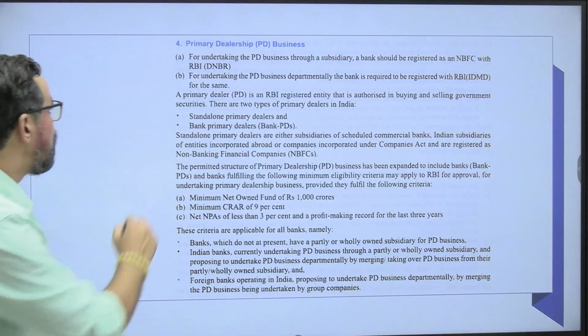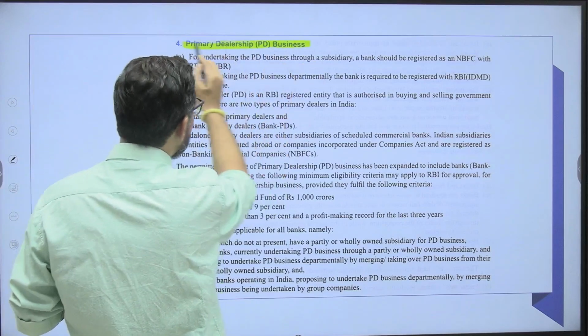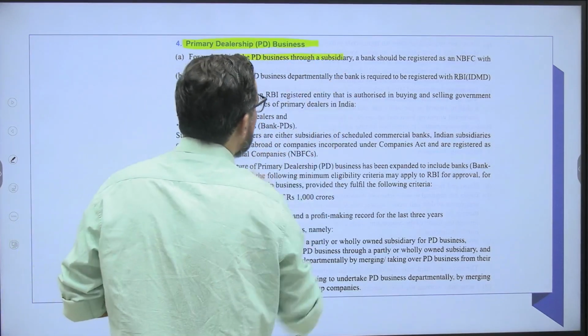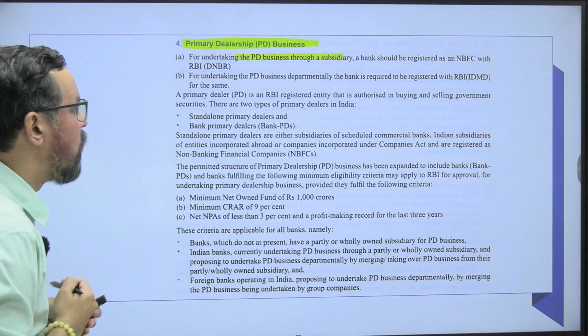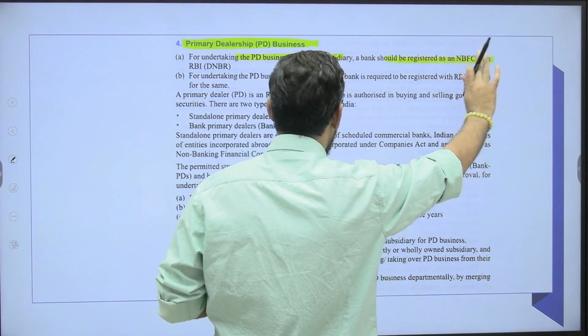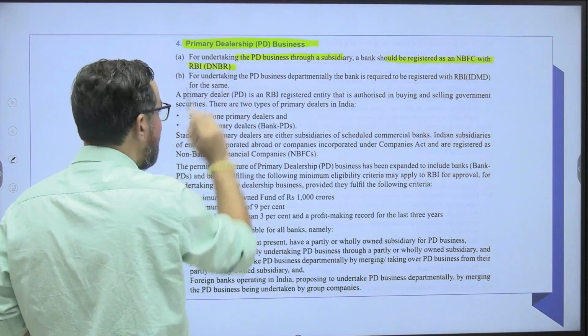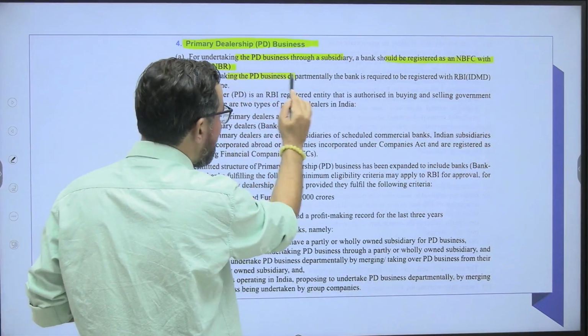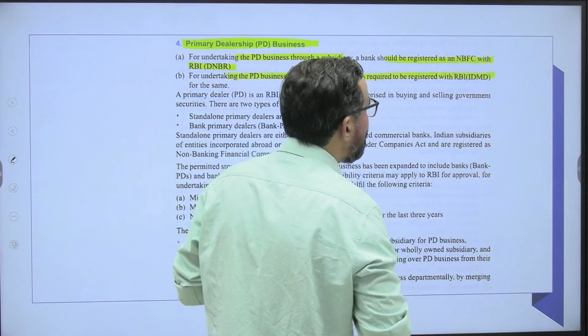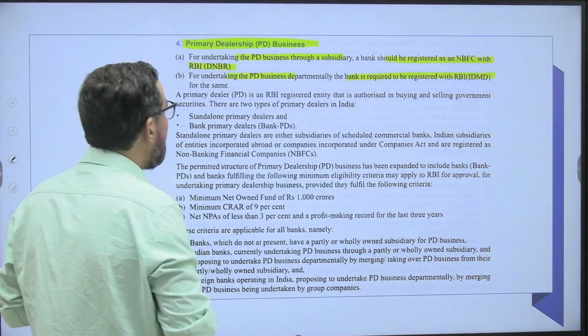ठीक है, so primary dealer business. For undertaking primary dealership business through a subsidiary, a bank should be registered as an NBFC with RBI. For undertaking primary dealer business departmentally, the bank is required to register with RBI for the same.